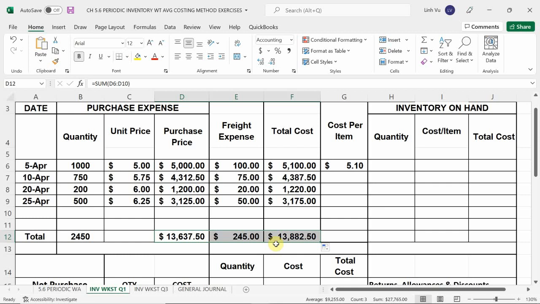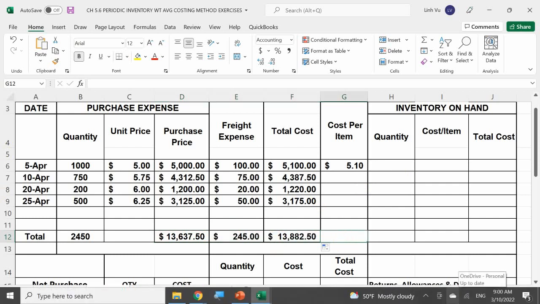However, this time, what is different? This is weighted average. Now that we got our total cost and our total quantity, now we can solve for our average cost per item. So in this case, what is my average cost per item?